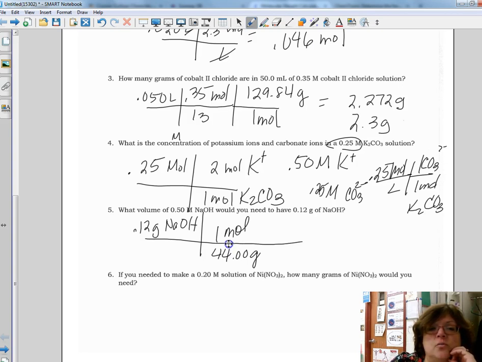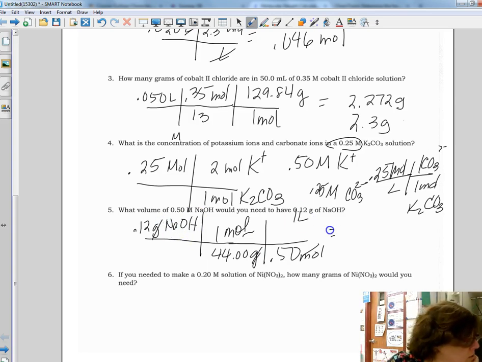That changes us to moles. Now, to go from moles to volume, we have to divide by our molarity. Moles cancel, grams cancel, and we are left with a volume. And that volume we are left with is 0.0060 liters.